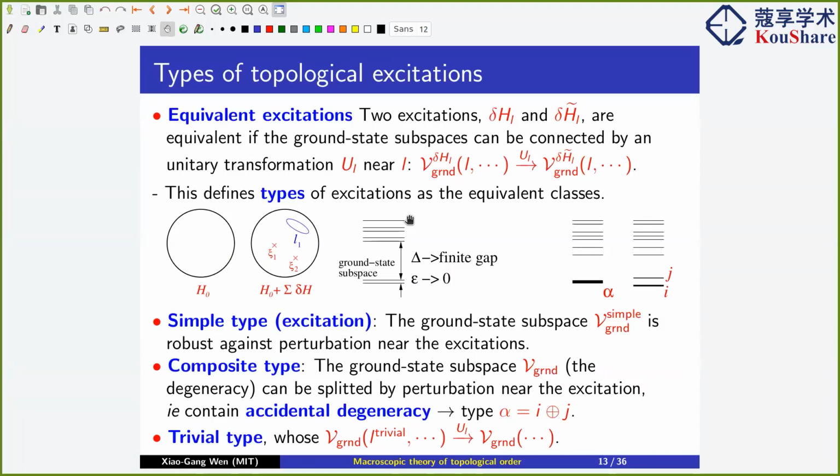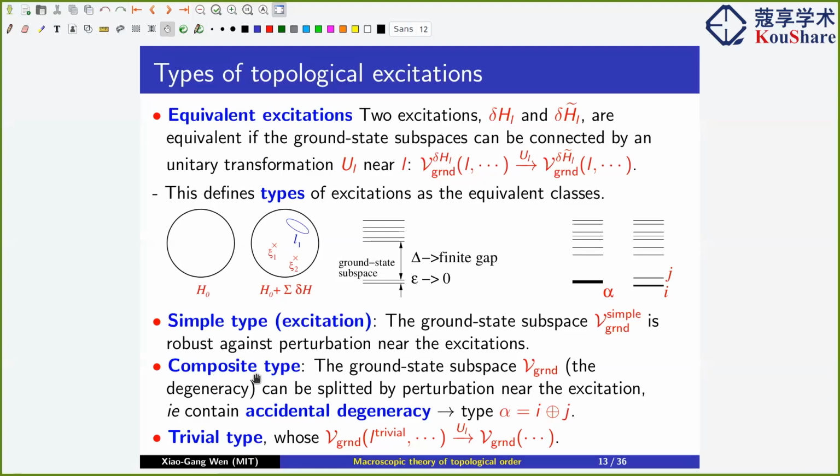I think I already mentioned this. For the type of excitation, if we can deform the trap Hamiltonian without closing the energy gap, then the two excitations belong to the same type. That's very easy. But somehow we miss something. There's a simple type and a composite type, which is actually a very important concept.